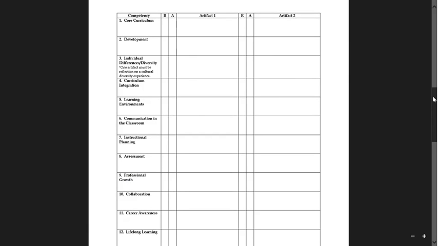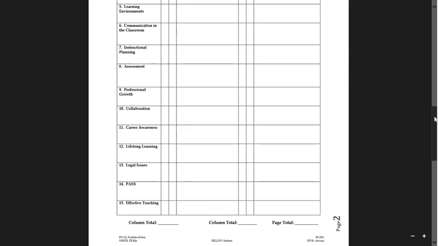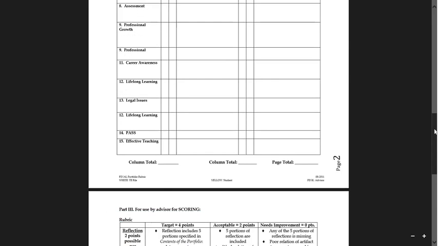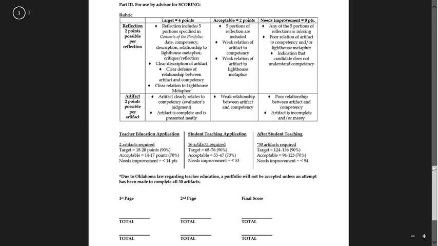And what it asks for is whether or not there is an artifact associated with each one of these. Then we get down to the actual rubric. And as you can see here, there are 2 aspects by which each of the portfolio entries would be scored. One is in terms of reflection, and the other is the artifact.